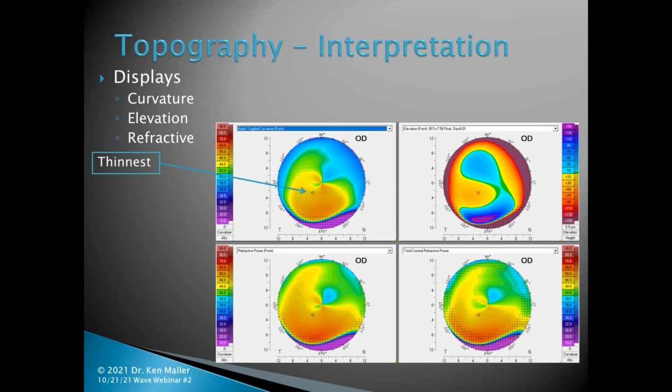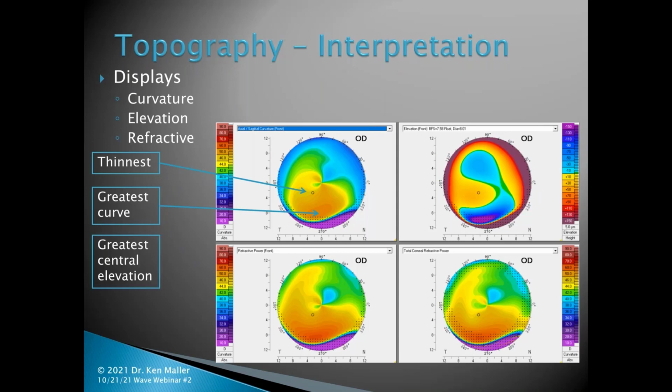So that little black circle right there is indicating the very thinnest portion of this cornea, and it's in the same exact location on all four of these displays. So we can use that as a reference. Now, we notice here on the pentacam upper left display that that area that's sort of orange is the greatest curvature of this particular cornea.